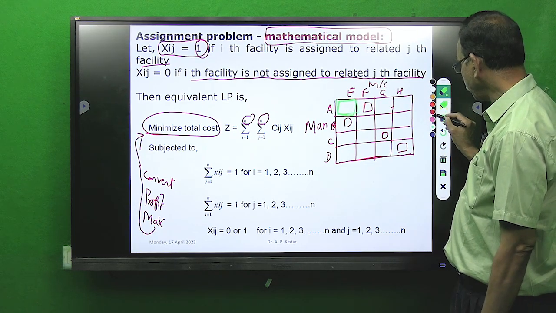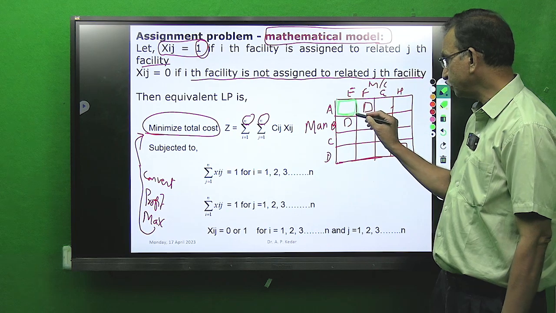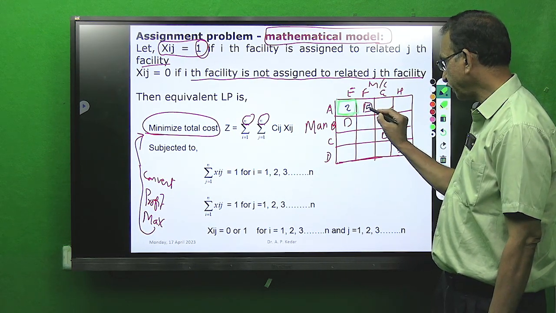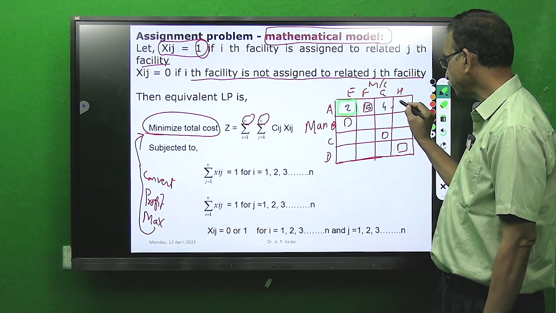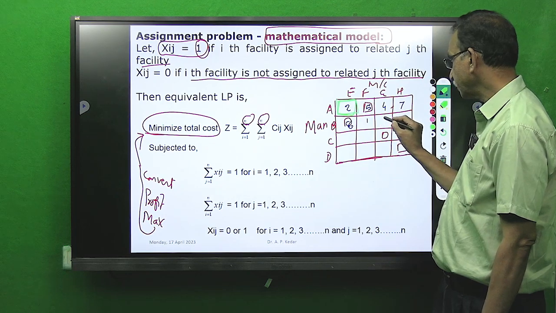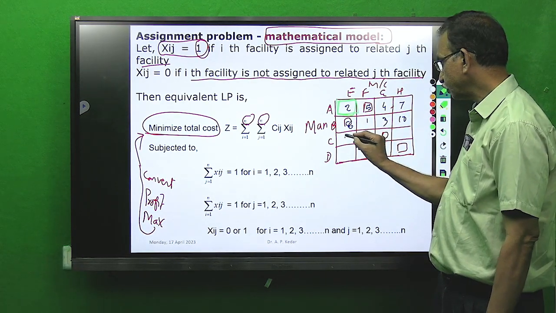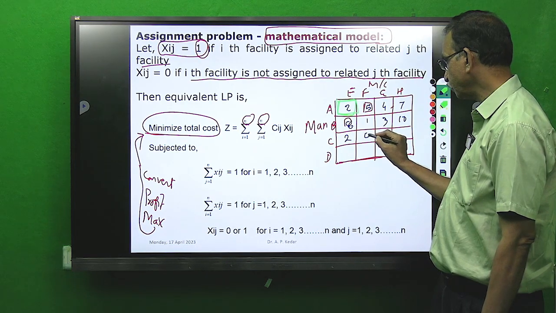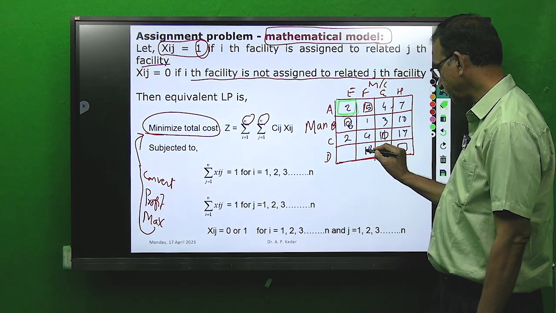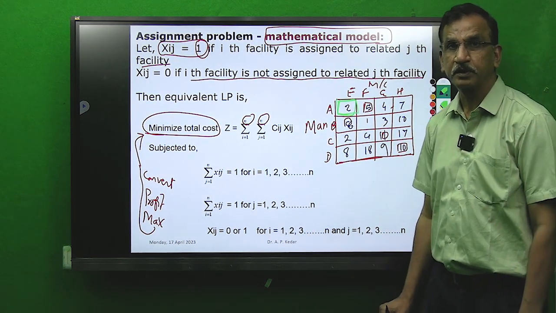Now, importantly, suppose we have values, I am writing arbitrarily, 5, 4, 7, 8, 1, 3, 10, 2, 4, 11, 17, 18, 8, 9, 10. I have written the values arbitrarily.